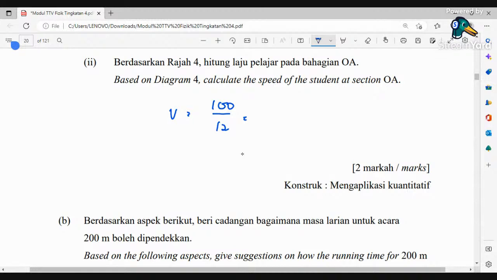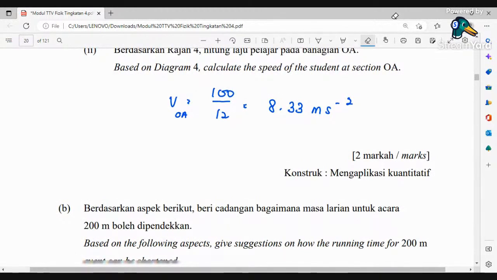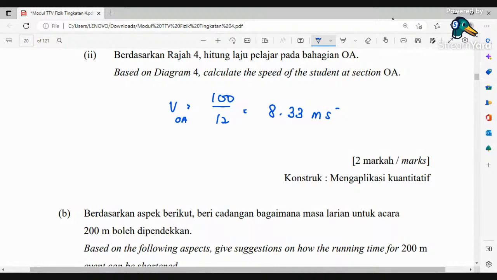So you dapat untuk bahagian OA punya kita second negative, sorry, negative 1, okay.